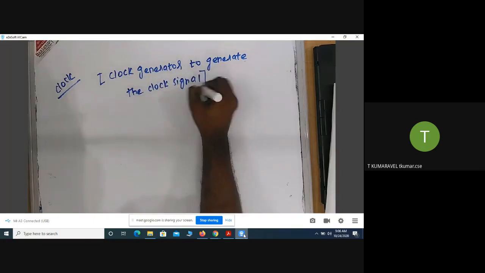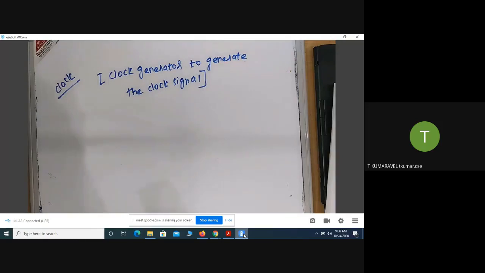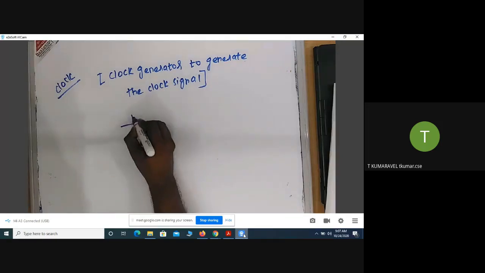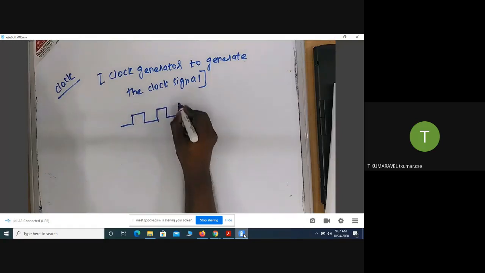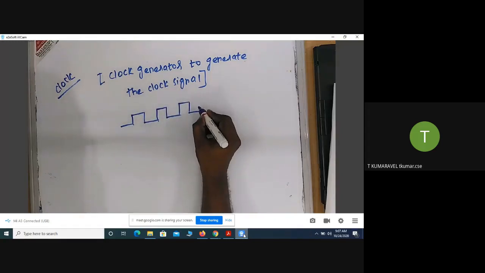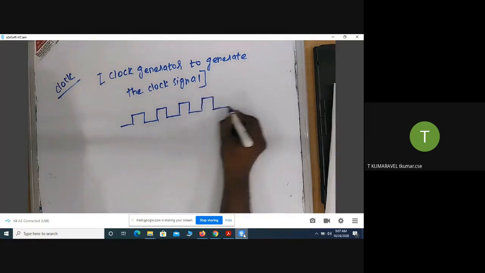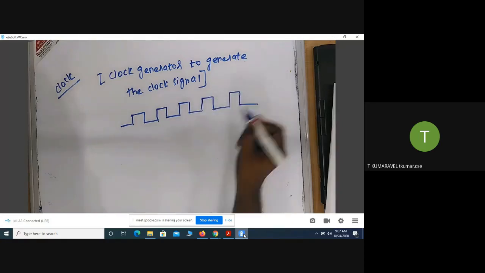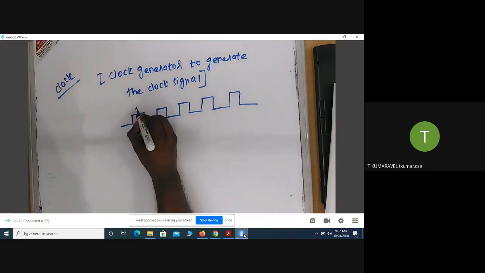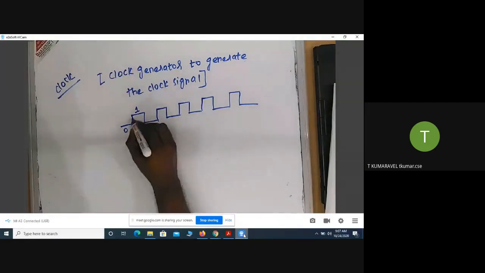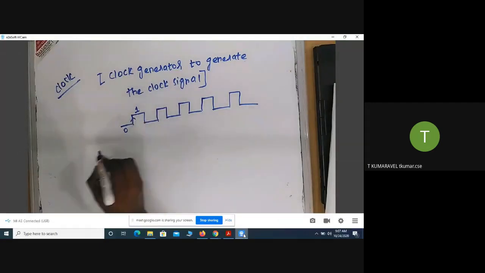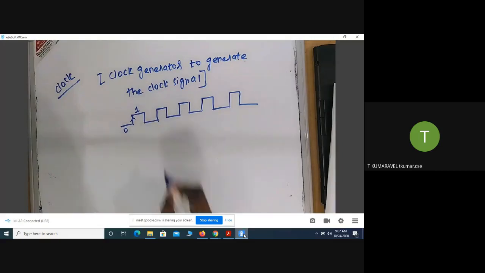I will show you how the clock signal should appear. It should appear like that. This one is called 1, this one is called 0. The trigger up level, people call it 1, and the down level we denote as 0.